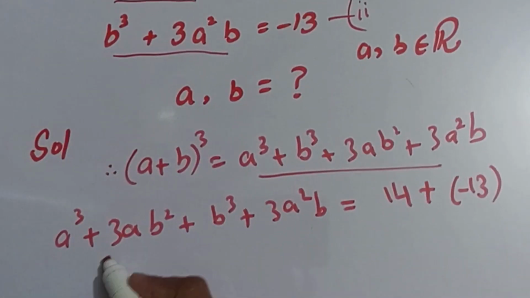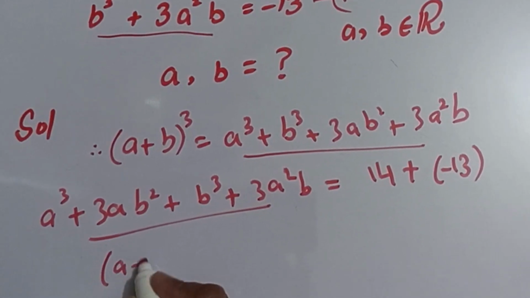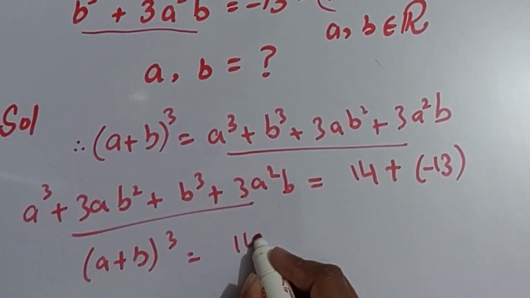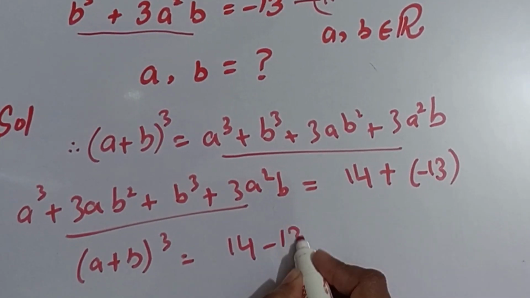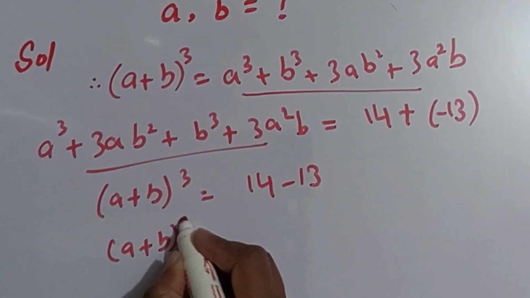So we use this identity. This left hand side is equal to (a plus b) whole cube, and the right side, 14 plus minus 13, is 1.